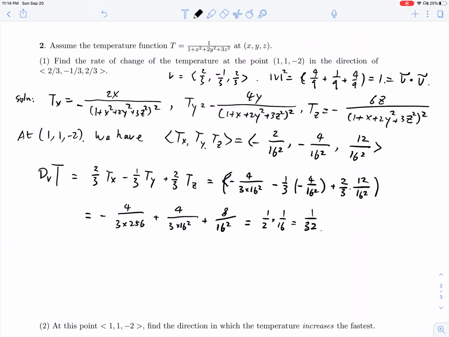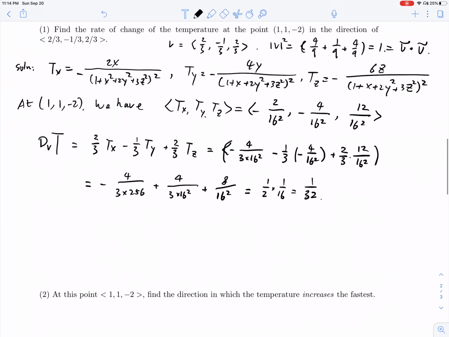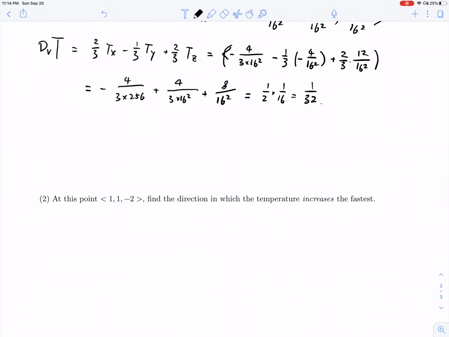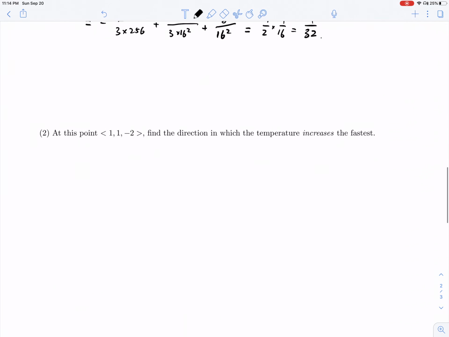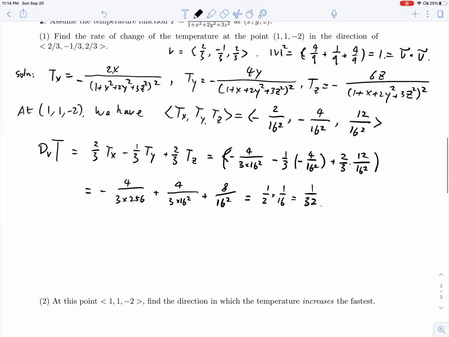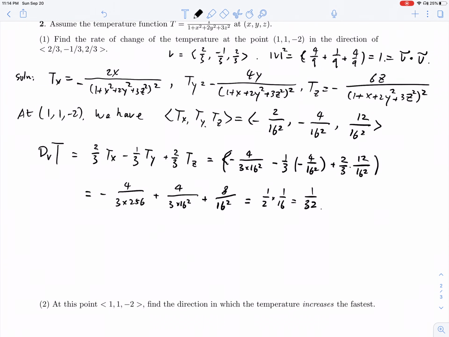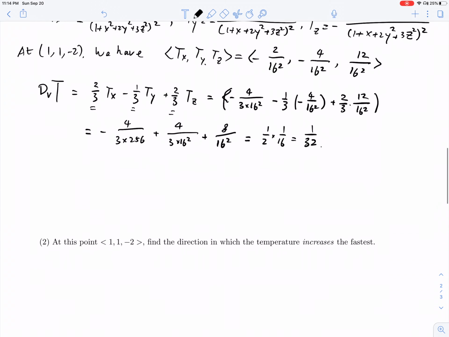All right, it can be any direction and we can find them. So now let's try to solve the second part of it. At this point, we can easily see that the directional derivative depends on the direction, right? We multiply this direction over here to the three components of the gradient vector. So in which direction are we going to have the temperature increase fastest?